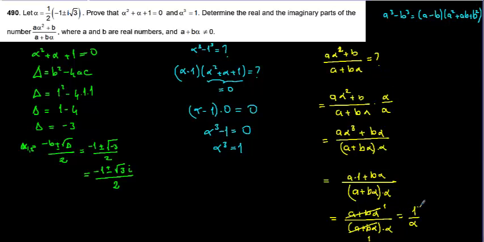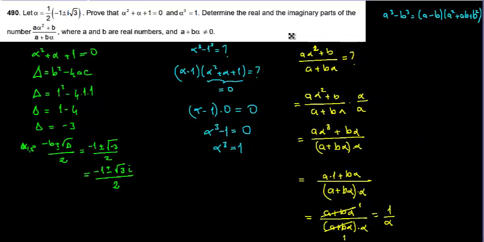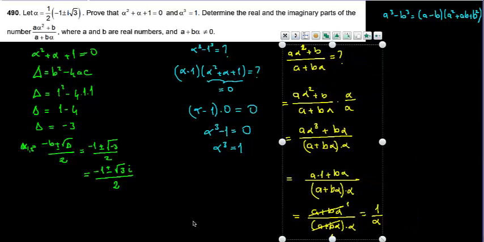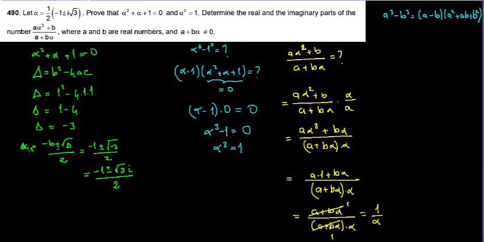And for finding the 1 over alpha, I need to find what is 1 over alpha here now. For finding the 1 over alpha, I'm going to do these operations now. What is 1 over alpha? Because this expression is equal to 1 over alpha. 1 over alpha is equal to 1 over alpha, where I found that alpha is equal to (minus 1 plus minus root 3i) over 2.